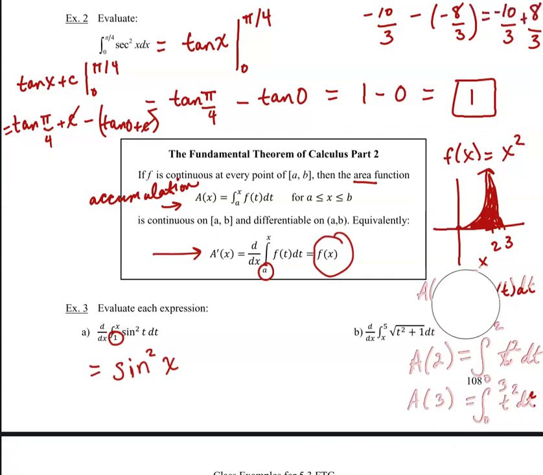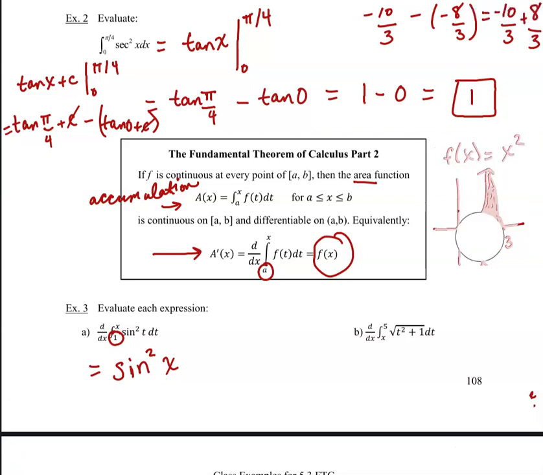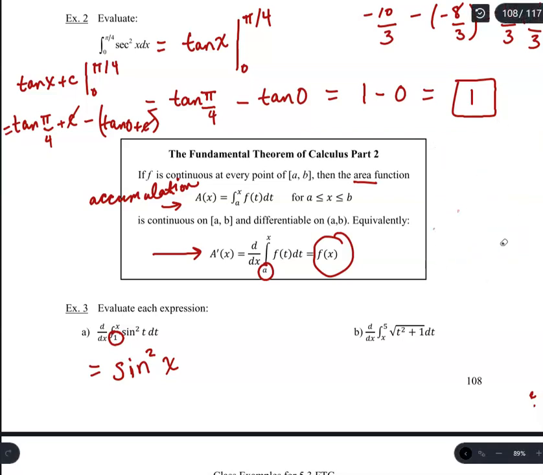Let's do another example here. They want d dx of the integral from x to 5 of that expression. Now, one thing to notice is that the constant is not on the bottom. The constant's on the top. In order for this theorem to apply, the constant has to be on the bottom.